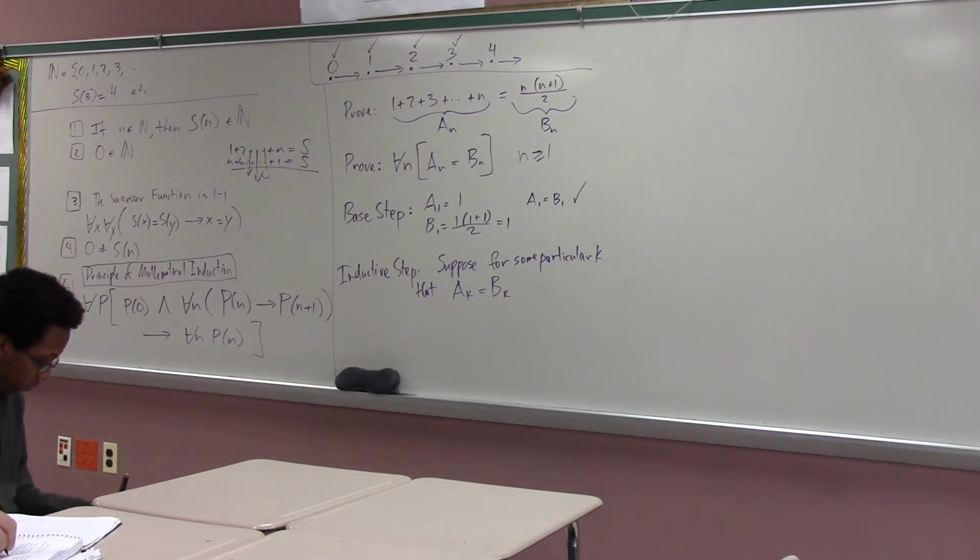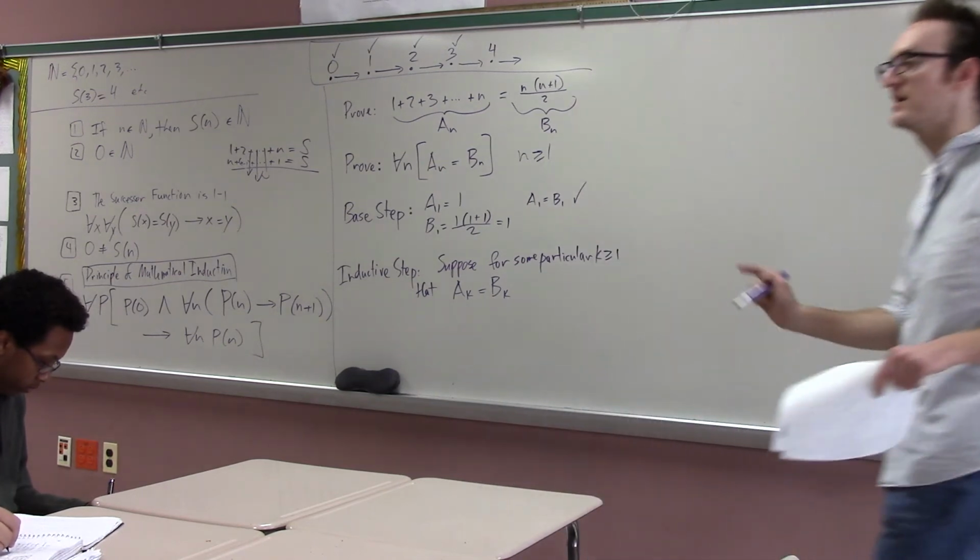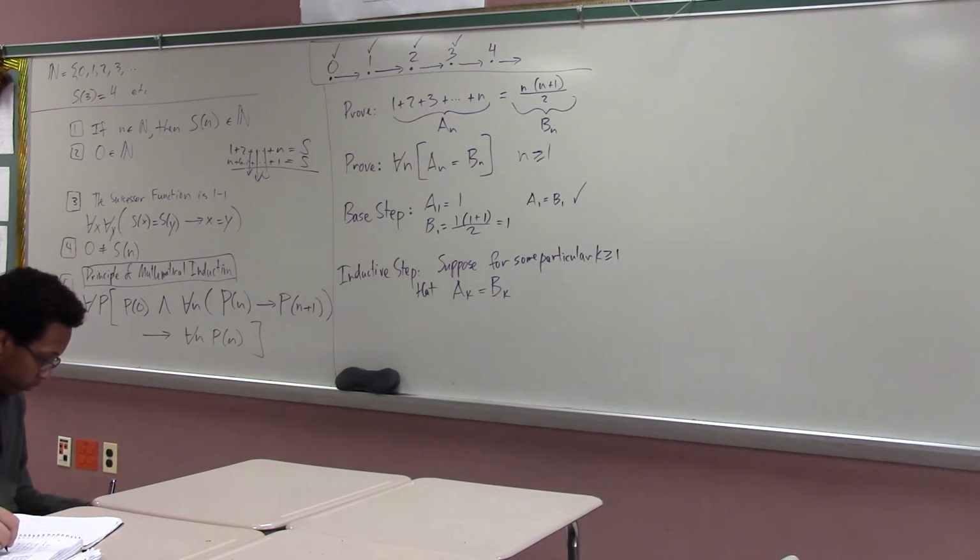Oh, and I suppose k has to be greater than or equal to 1. And then, if I suppose that a sub k equals b sub k, then what should I do?